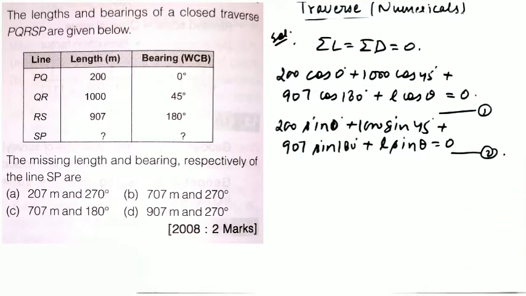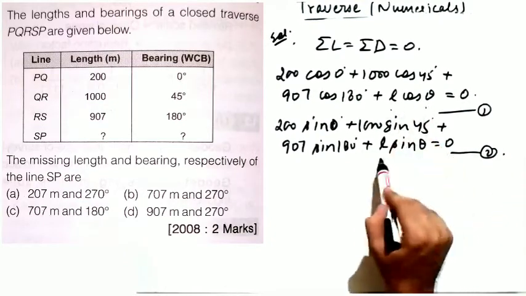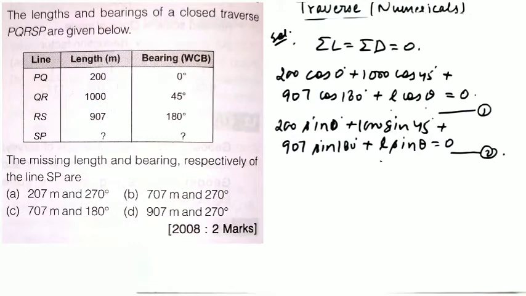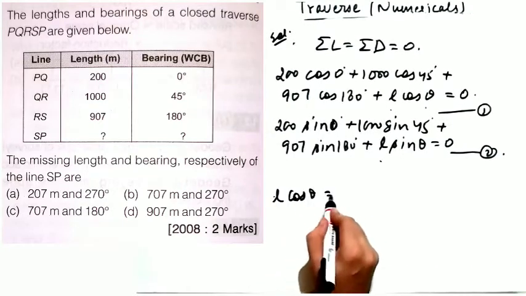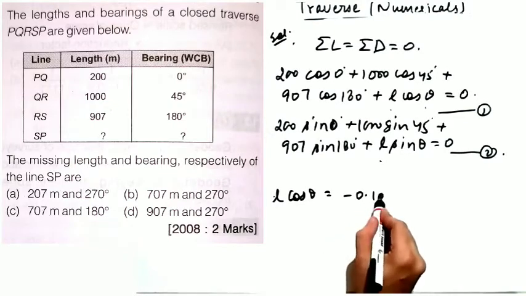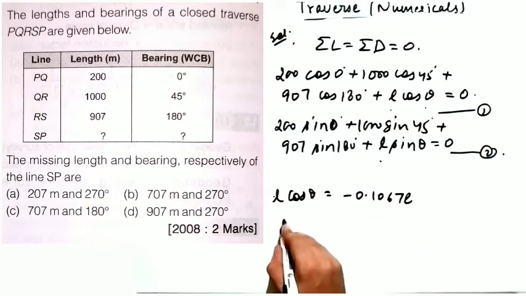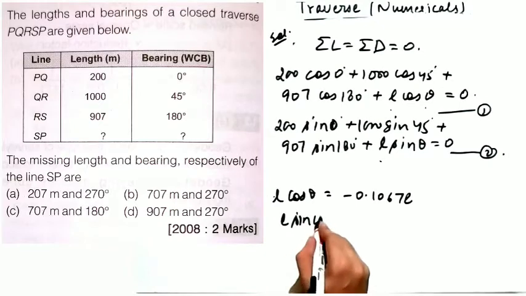Now you have these two variables and you have two equations. Mathematics says that when you have an equal number of equations and variables, you can solve for both these variables using these equations. Now when you solve this, first of all, you can calculate L cos theta. L cos theta is coming out to be minus 0.10678. Similarly, from the second equation, you can calculate L sin theta.